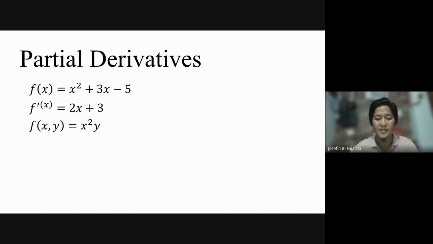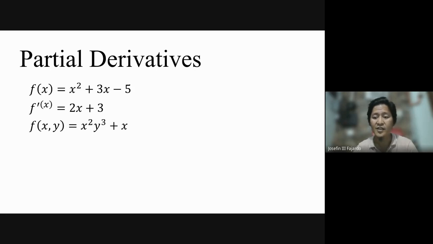Then I have another, say, x, for example. Then I'll make it y cubed. So notice that our new function f of x, y is an expression in terms of more than one variable. There are two now, x and then y.